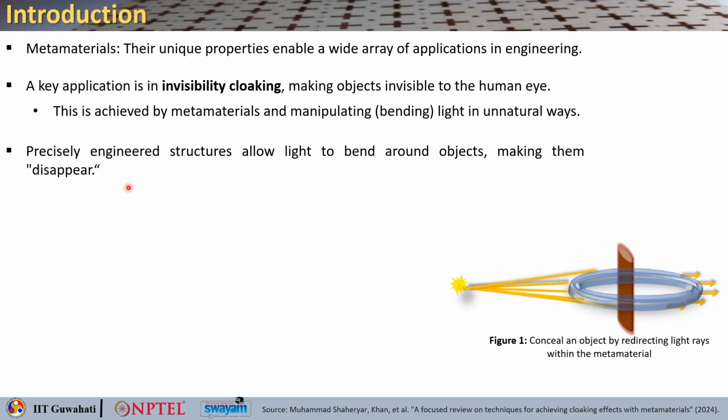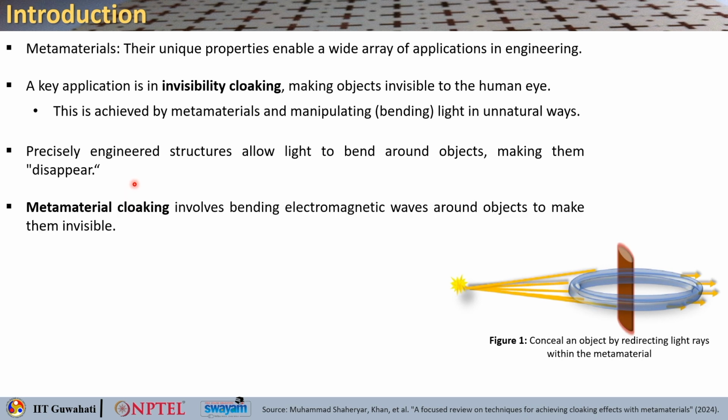So, if you can precisely engineer the structures that can allow light to bend around any particular object, you can make those objects disappear. So, that is where the field of metamaterial cloaking shows the promise, because you can use metamaterial cloaks that can, as you can see here, bend the electromagnetic waves around.